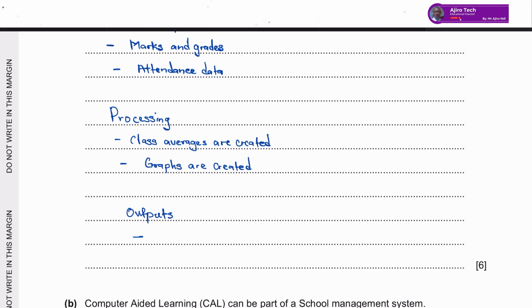So you have the termly reports that are printed and sent to parents. We can have progress against forecast grades as well.